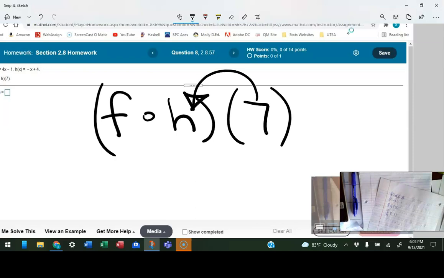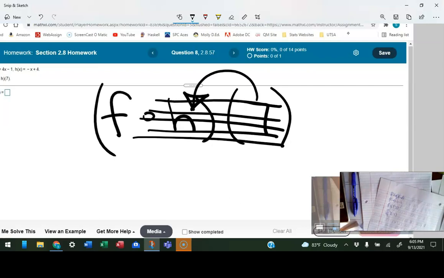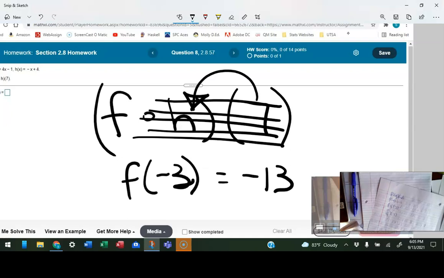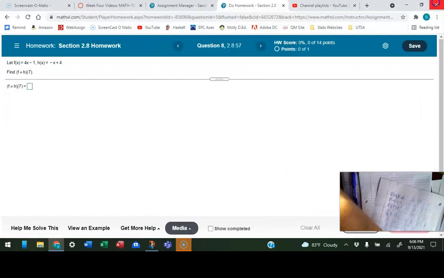So I plopped 7 into h, and that gave me a negative 3. So this part turned into a negative 3. Then I said, okay, what is f of negative 3? And that gave me a negative 13. So you just hop backwards. Put 7 into h, then put the negative 3 into f.